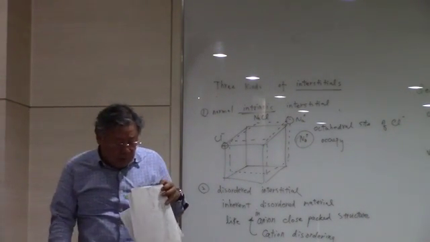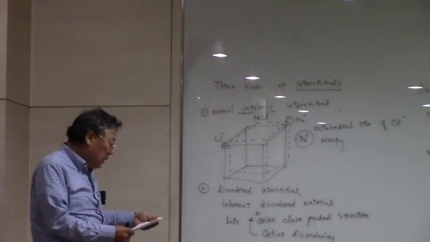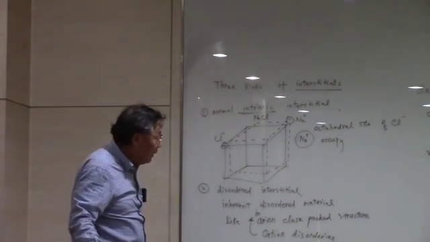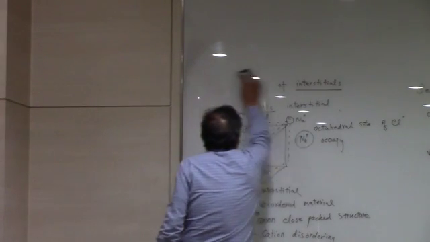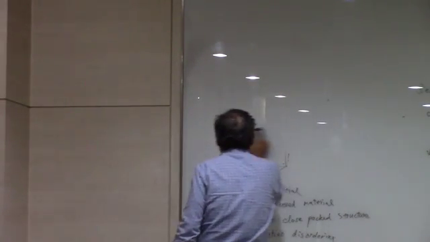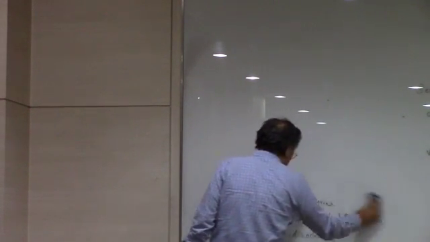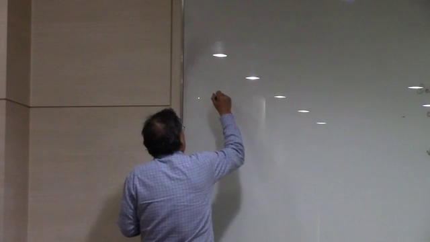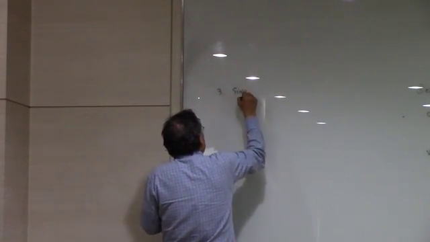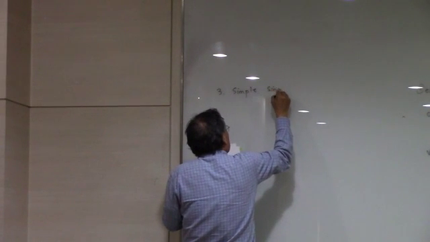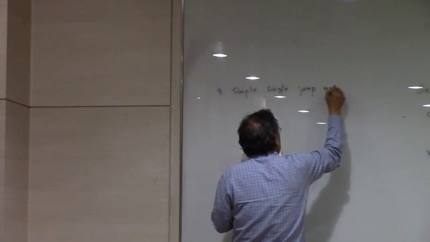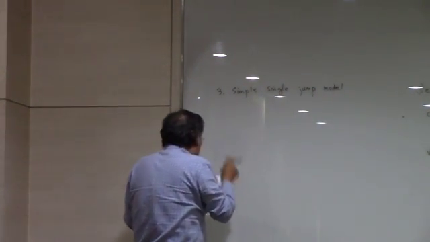The first model that we have to start with is the simple single jump model, which is listed in the text that I handed out.